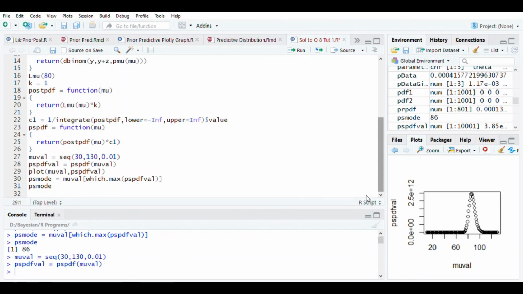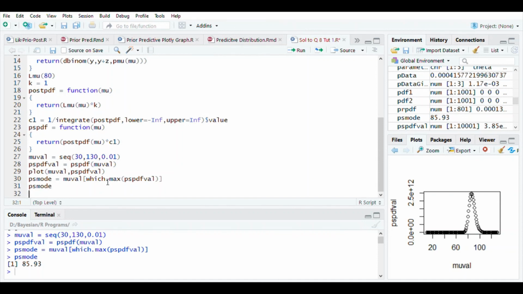So this is how the graph will look. And now let us try to obtain the posterior mode. It is 85.93, meaning around 86. So the posterior mode is around 86.